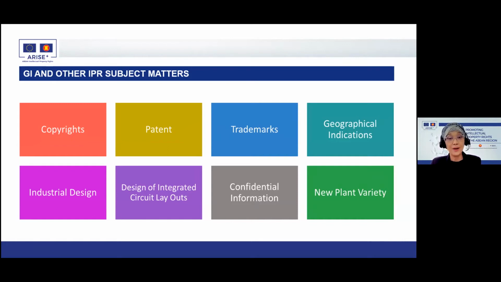Okay, but later on, if we draft the GI specification, some parts of the GI specification can be regarded as confidential information as well. Why? Because it is a trade secret, or secret information about the business strategy, for example.